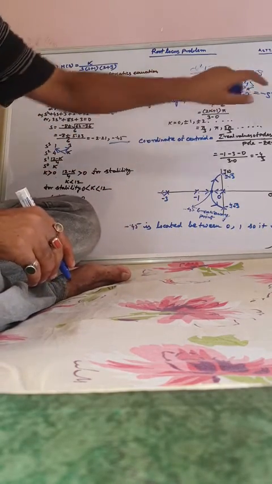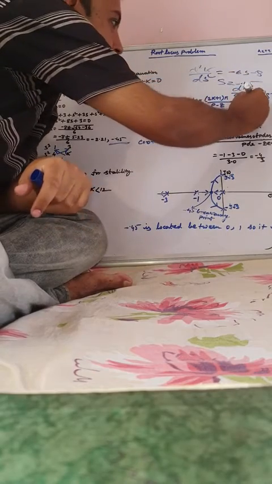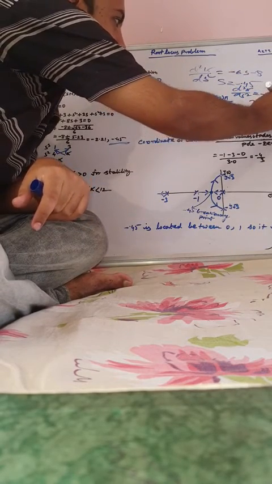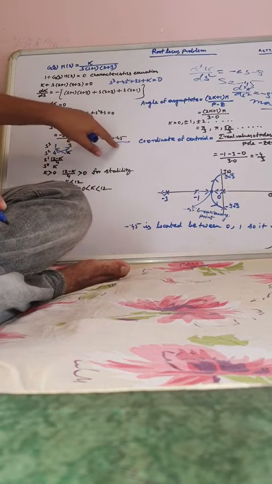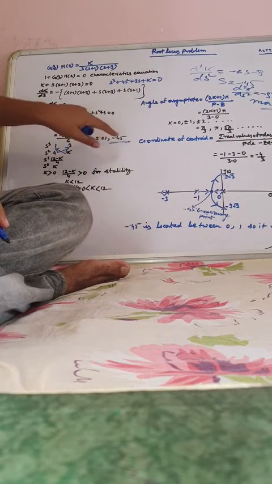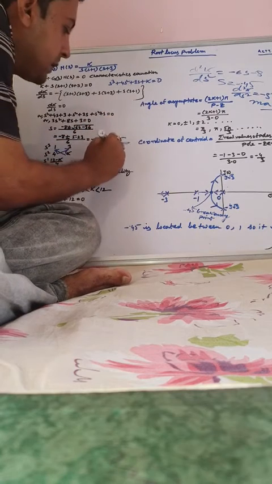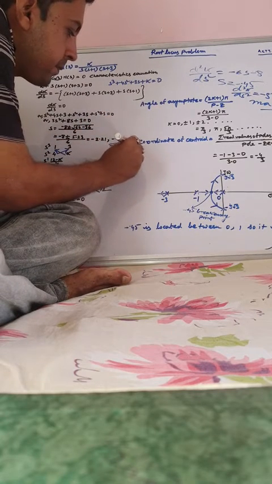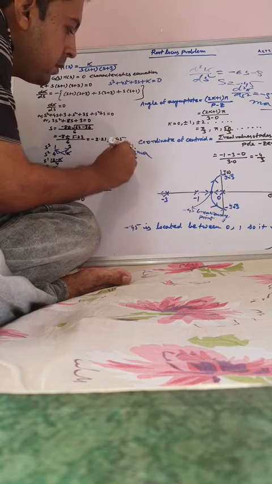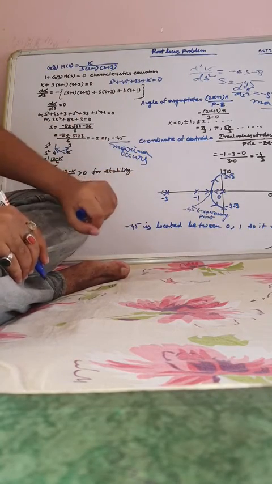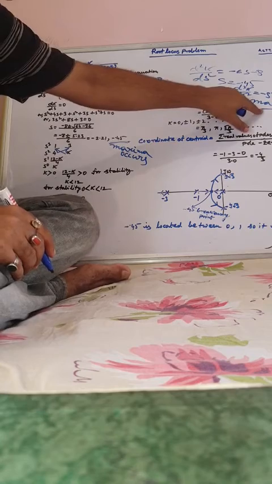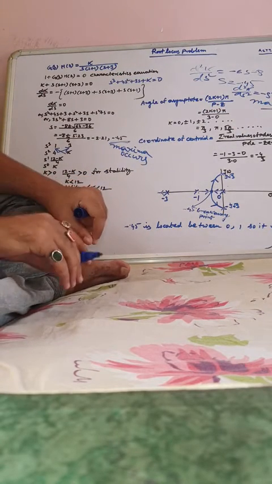So this is the condition of maxima. Maxima occurs at this point, so this is your breakaway point. At a breakaway point, maxima occurs, and at a break-in point, minima occurs.